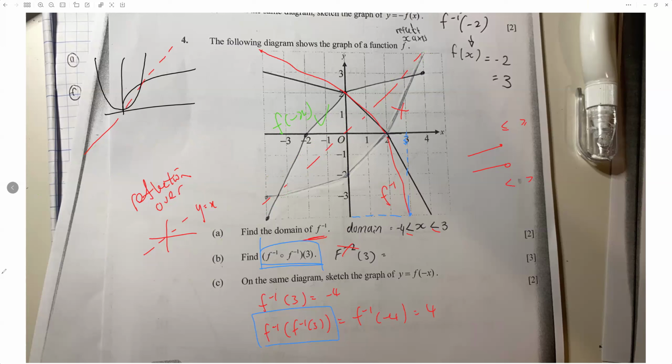And how do you know where to start? Why doesn't it start from here? Why did it start from here? Oh, 4, 4. This is 5, 4. The diagonal is the diagonal line.